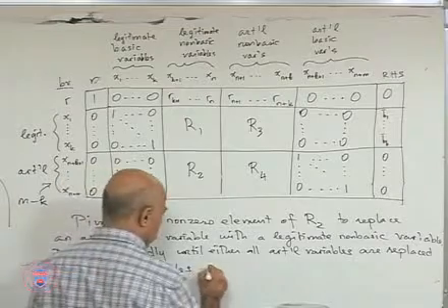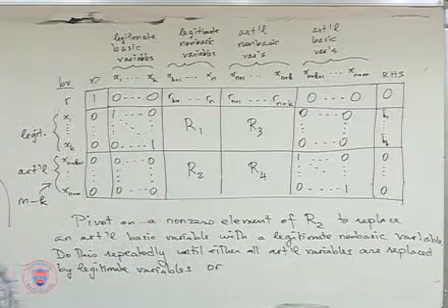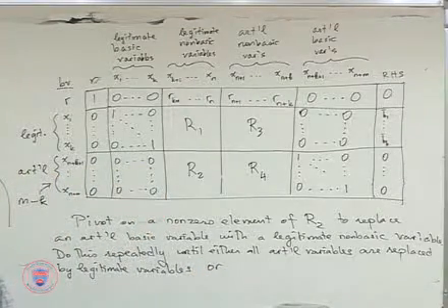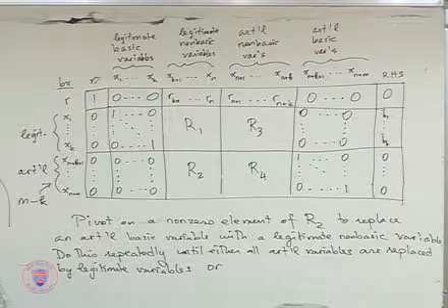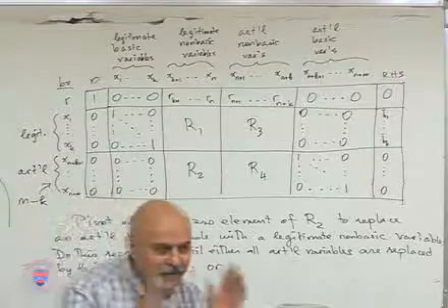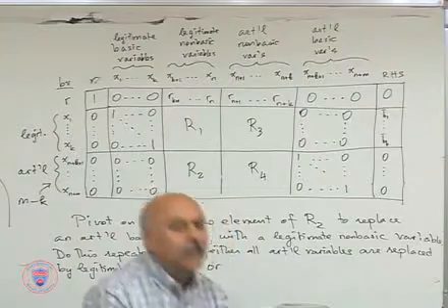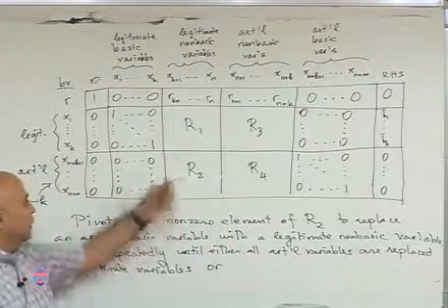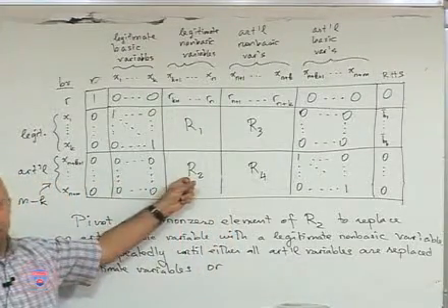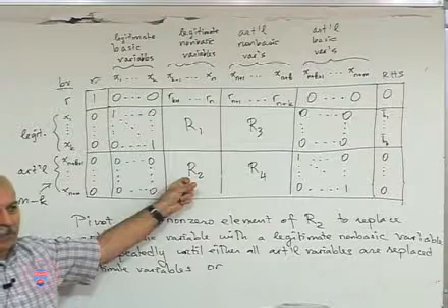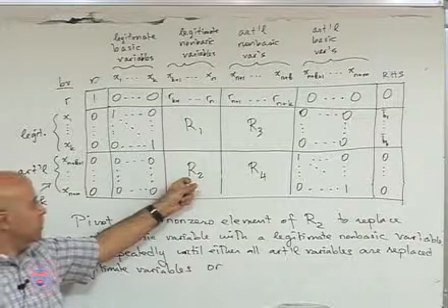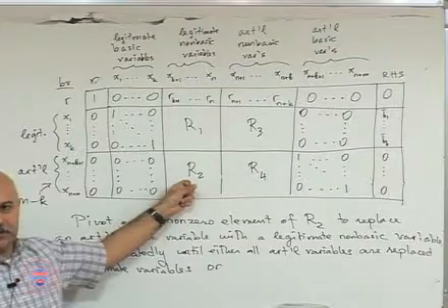Or, what is the or part? Exactly. Or the most recent version of R2, the one you obtained through these repetitions, has no non-zero entry in it.